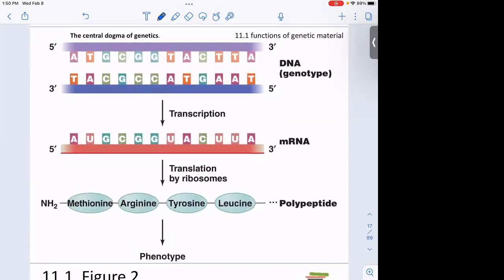All right, so hopefully this is review. I know some of you have told me, I don't remember anything I did in biology. Well, if it's not review, I might need to spend a little more time on it. But the central dogma of genetics is the flow of information. The sequence of bases in DNA, we call that the genotype of an organism.